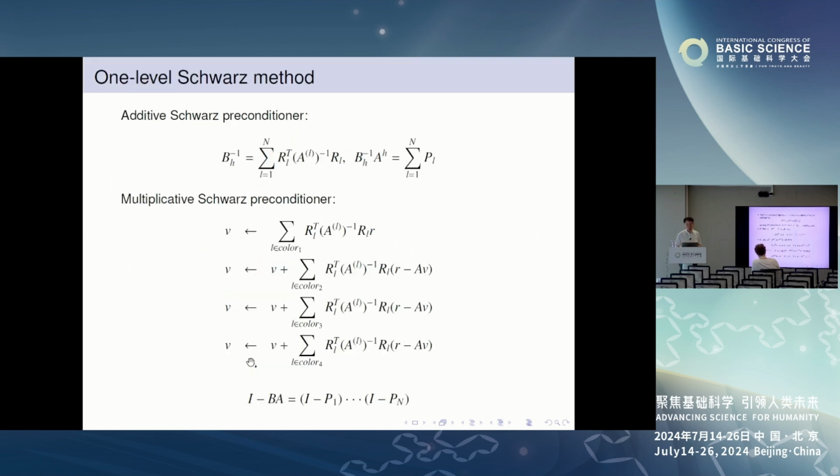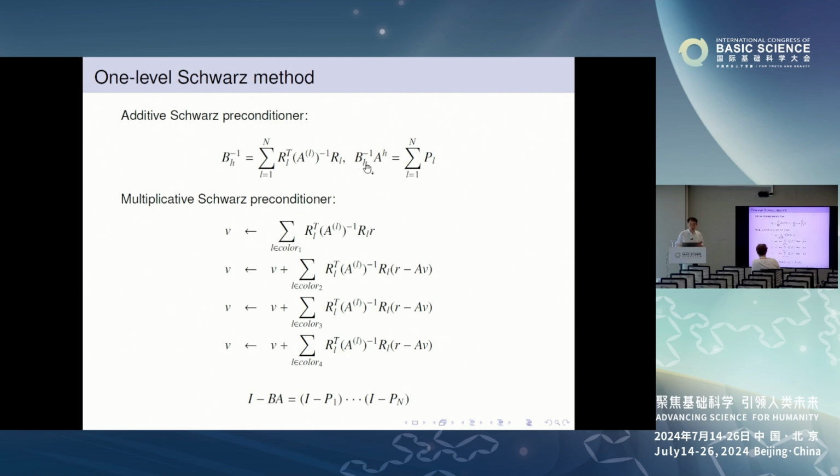Now we can define this one-level Schwarz method, for example, the identity Schwarz preconditioner. In this case, we only solve A L inverse, because A L is a small operator on the subdomains. So we can solve it very easily by parallel computing. But we cannot solve A H inverse, which is very large. So now we get a preconditioner B H one inverse.